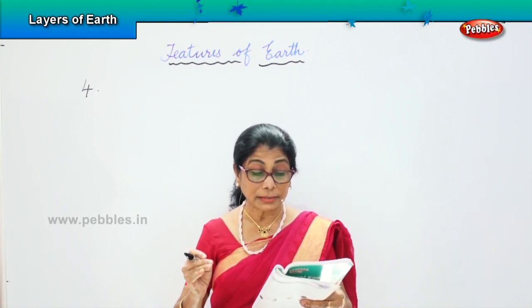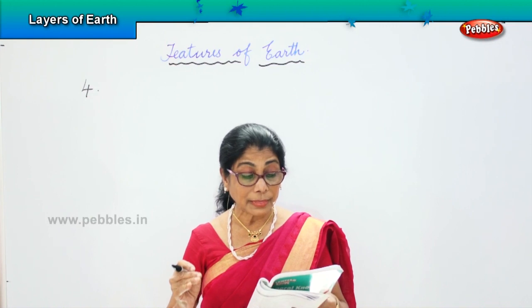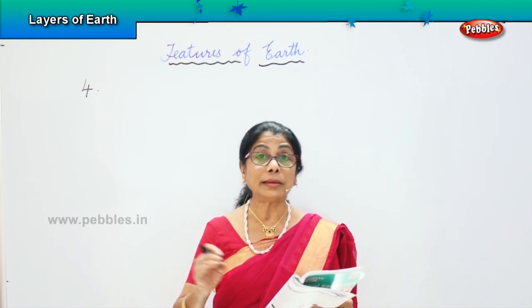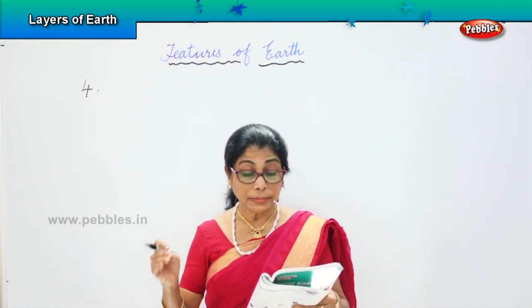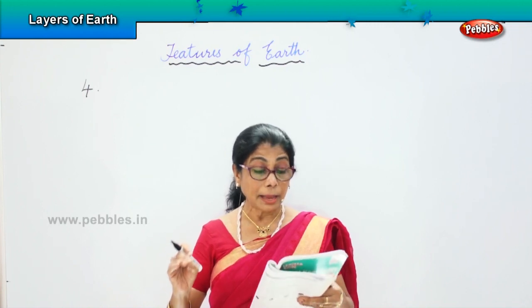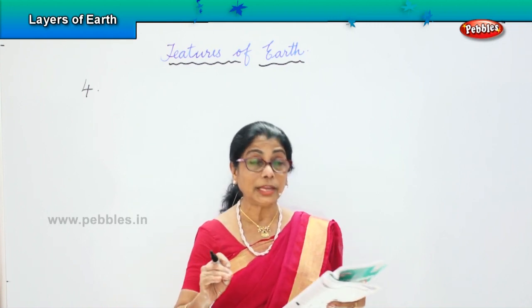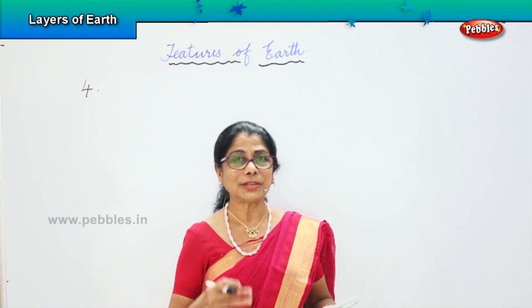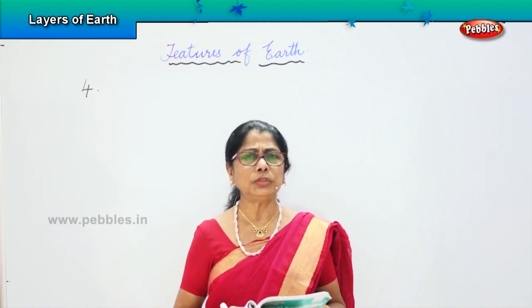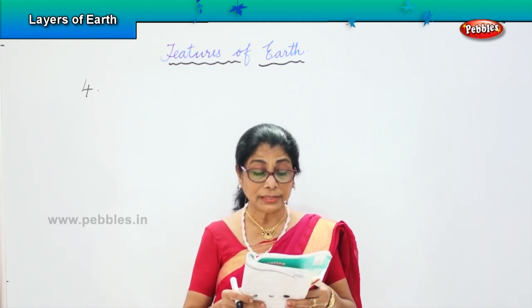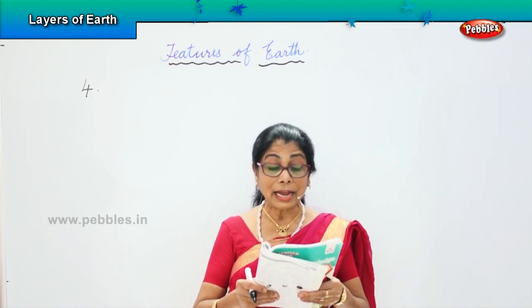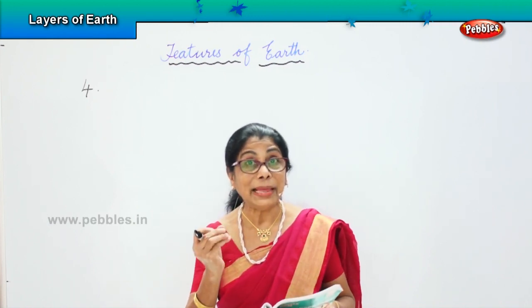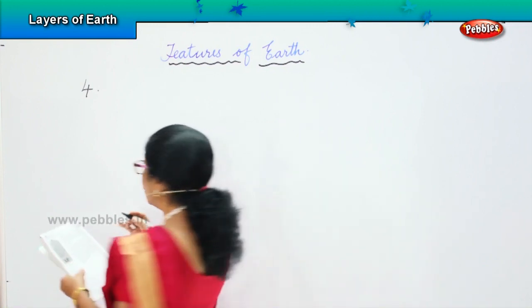Under the earth's crust are plates that slowly move against each other. This movement causes mountains, hills, volcanoes, and even earthquakes. So the fourth most important feature of the earth is that the earth has a molten, that is melting, inner core.